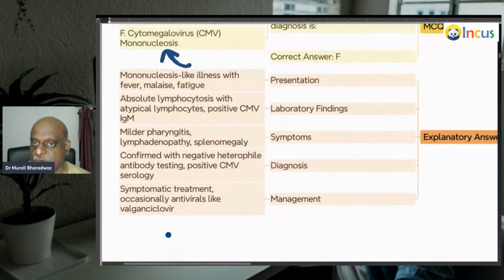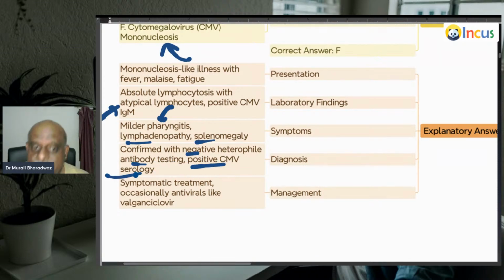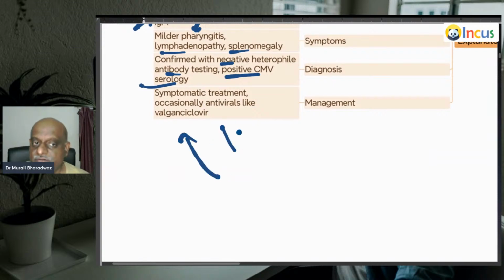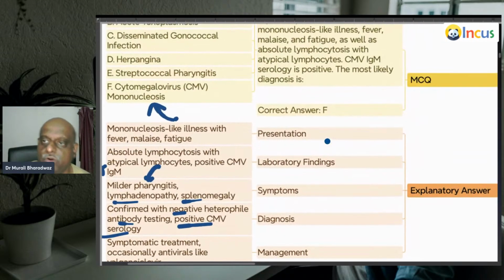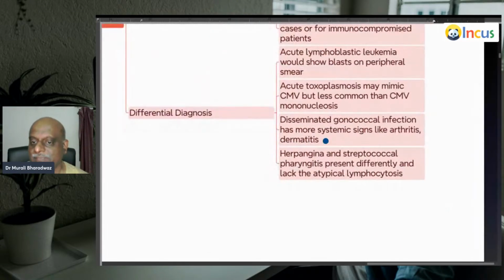Cytomegalovirus infectious mononucleosis. First of all, there is a mononucleosis-like illness, absolute lymphocytosis, milder pharyngitis, splenomegaly, lymphadenopathy, negative heterophile antibody testing, positive CMV serology. That is how you identify. And antiviral valganciclovir is the treatment of choice for CMV infection, is what you need to remember.